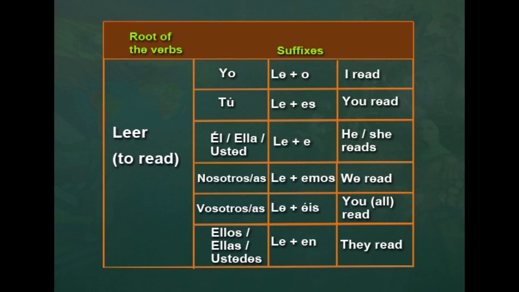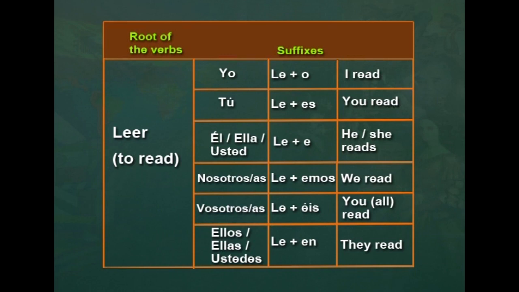Next verb is leer, to read. This verb has the stem le, L-E. We add the suffix to it: yo leo, I read. Tú lees, you read. Él, ella, usted lee, he reads, she reads, or you read.